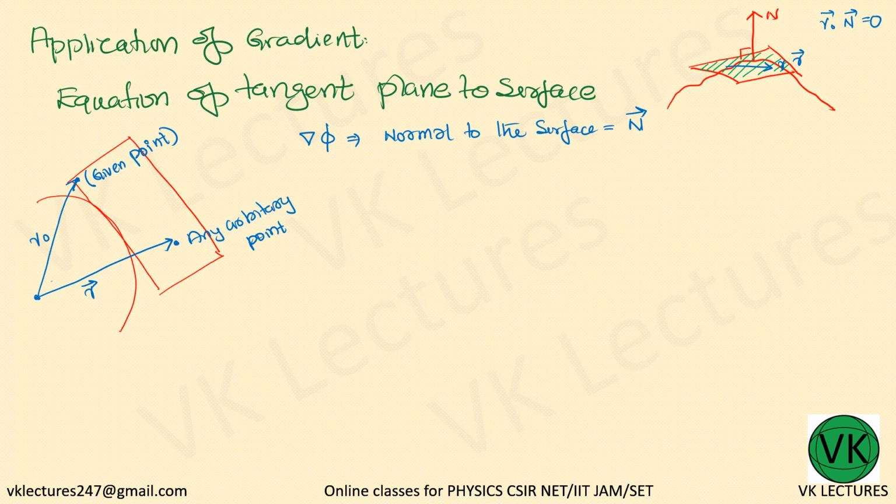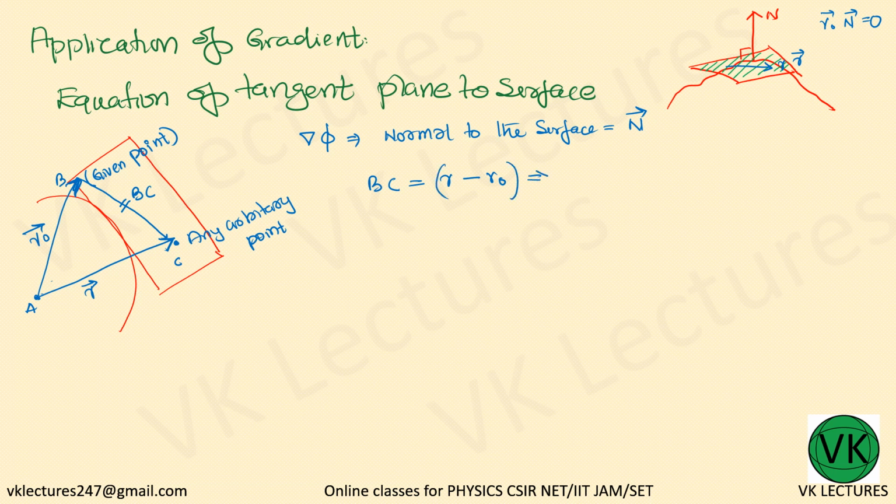So the line between these two, for example this is A, B and C, then BC is given by r minus r0, because r0 is this vector and r is this vector, so in the opposite direction it is moving. So what is this distance BC? It is given by r minus r0.